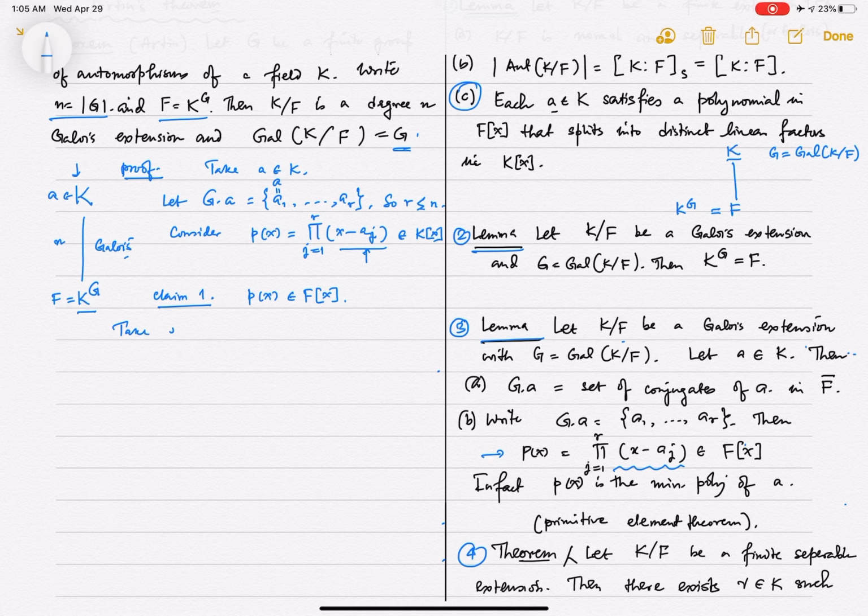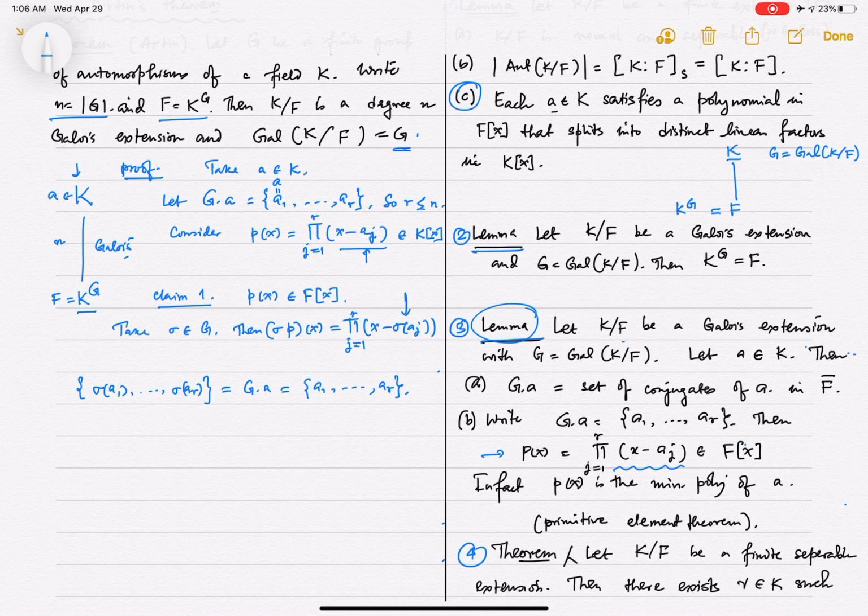Take some sigma in G. This part of the proof is very much exactly like the proof of lemma 3 that we just did. Take some sigma in G and apply to P. This is the product of (x minus sigma a_j). But a_1, a_2, ..., a_r is the orbit of a under the group G. So if you take the orbit and hit it with some group element again, then you get the same orbit back, possibly in some different order.